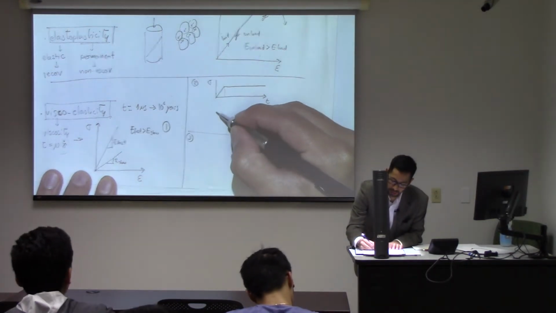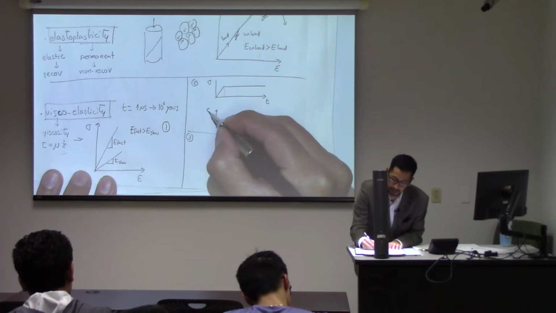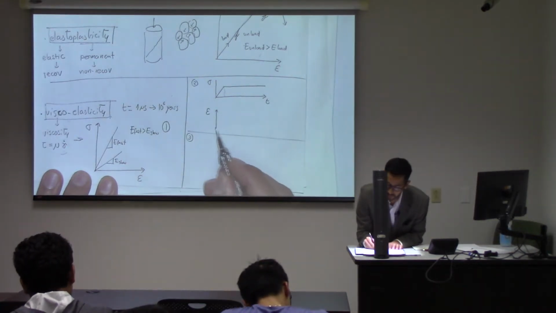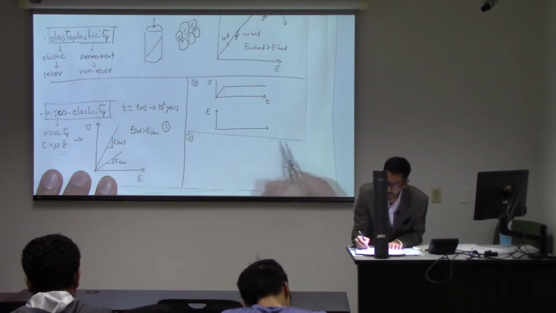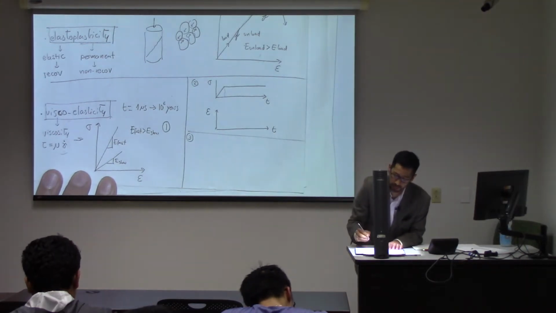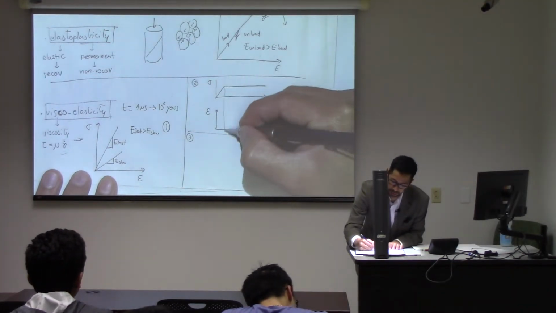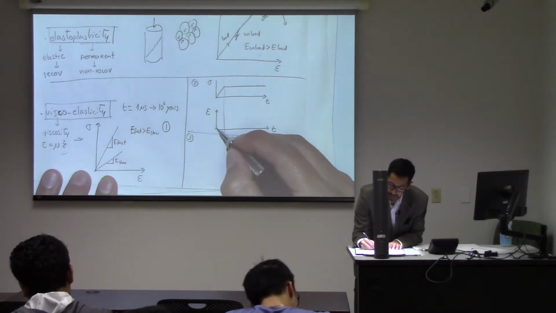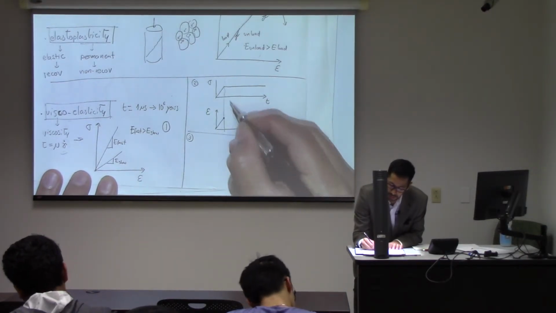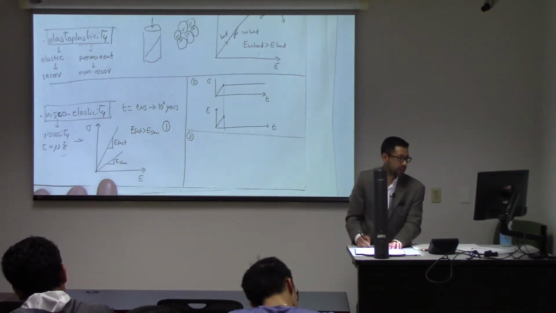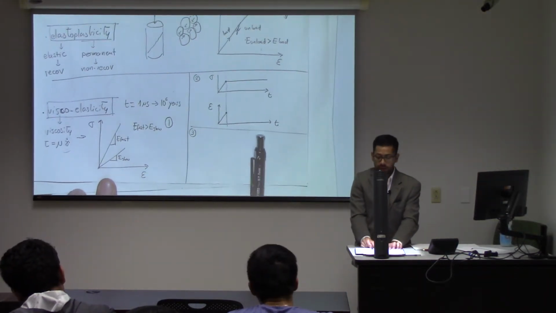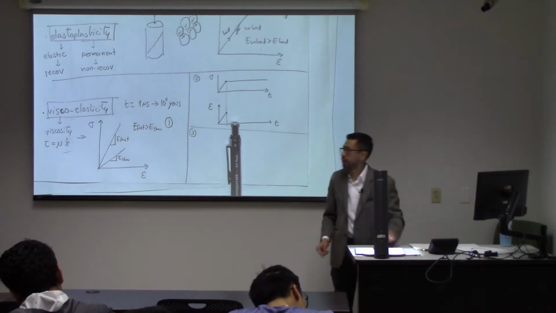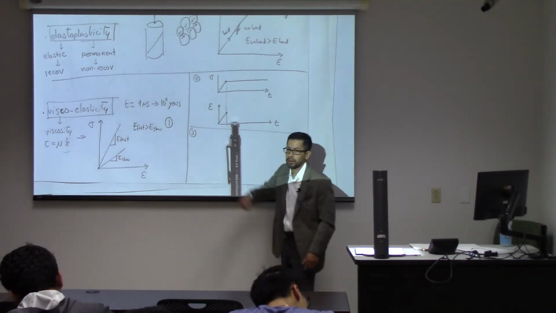Together with that, I also measure the strain, as a function of time. Let's assume that the rock deforms linearly with stress up to this point over here. If this rock is viscoelastic, what do you think is going to happen with strain after this time over here?